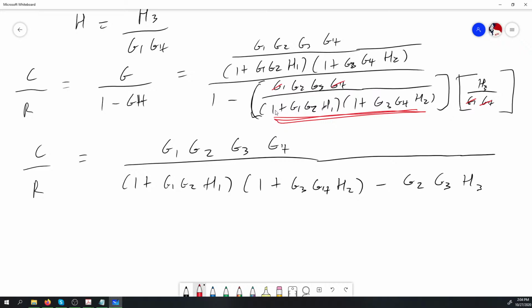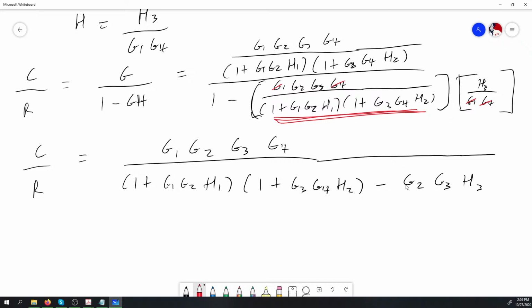But when we multiply it on the denominator for the entire fraction, the 1 here multiplies by 1 plus g1, g2, h1 by 1 plus g3, g4, h2. So that's where the 1 here gets replaced by that multiplicative factor. And then, because this is g2, g3, h3, when we multiply by this red underlined factor here, this just cancels with it.